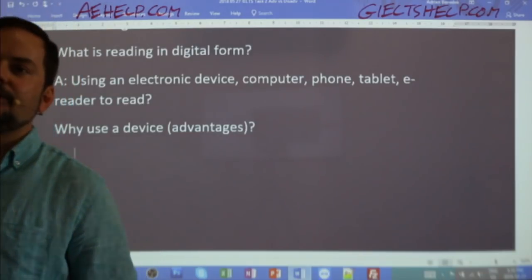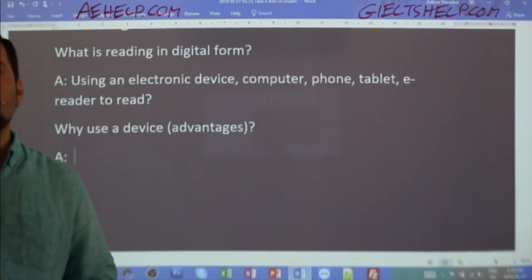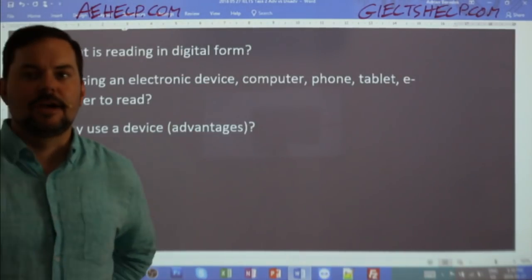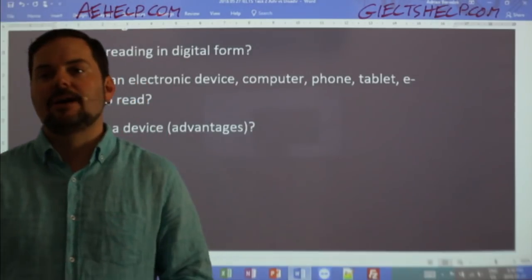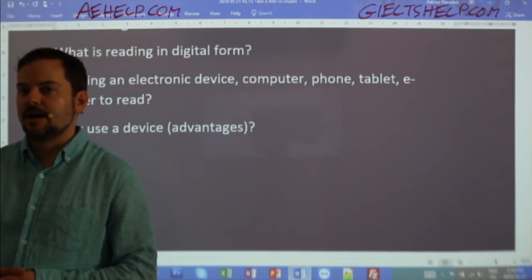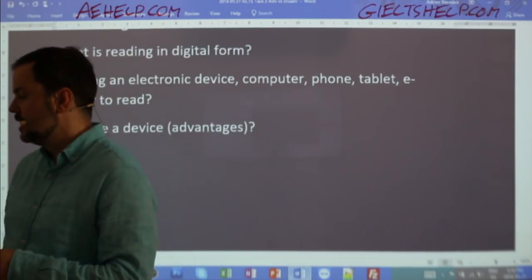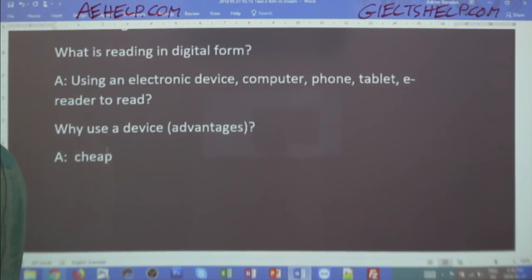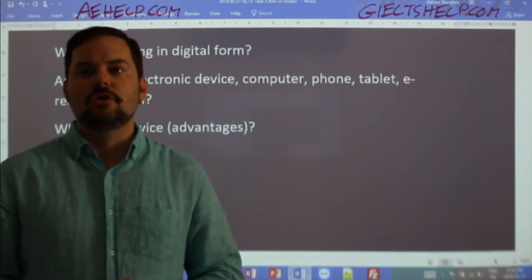So, Manisha, you're saying to get a whole bunch of books. Okay, you got to be careful with the convenience, all right? That's abstract. So when you're thinking about advantages, then you want to think about tangible, concrete ideas. Cheaper, sure, might be a good answer.